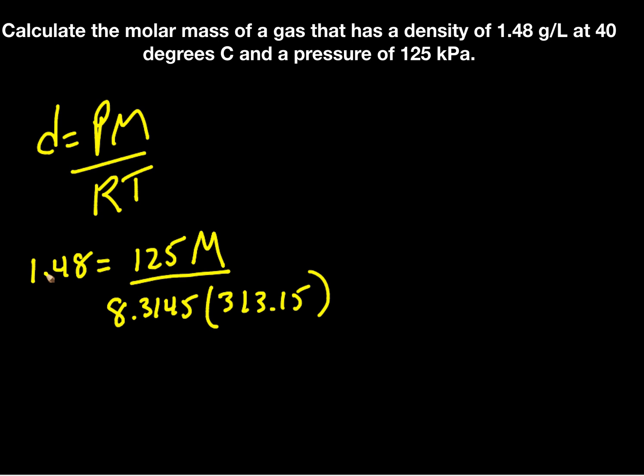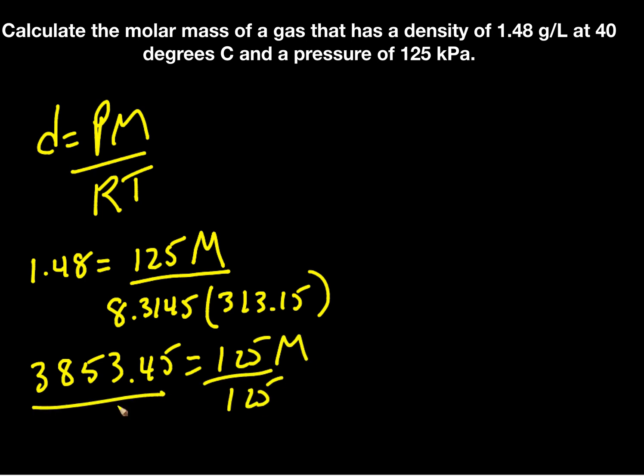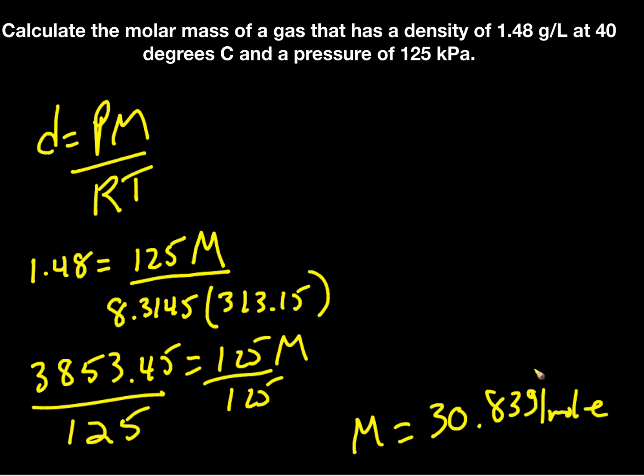Okay, so now we are going to cross multiply and divide here. So we're going to multiply 1.48 by 8.3145 and 313.15. So we get 3,853.45 equals 125 capital M. So if we divide both sides by 125, we're going to get a molar mass of 30.83 grams per mole.